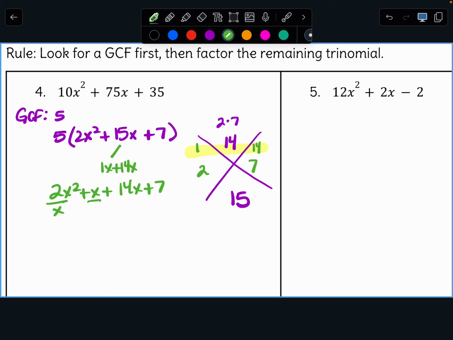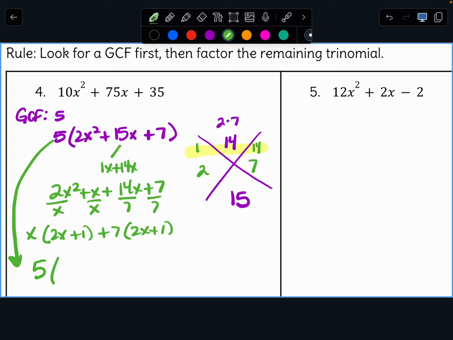I'm going to divide these by x and these by 7. x times 2x plus 1 plus 7 times 2x plus 1. Now don't forget about this 5, because that becomes 5 times x plus 7, 2x plus 1.